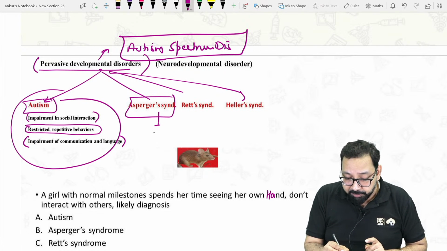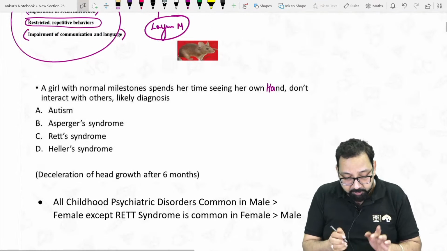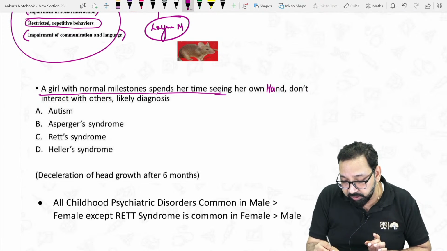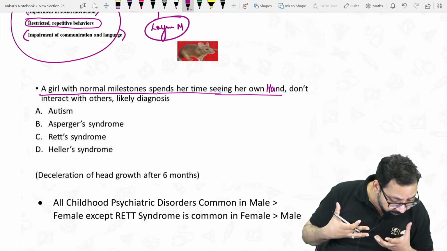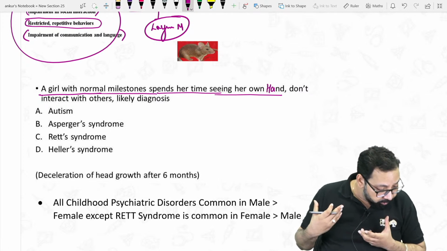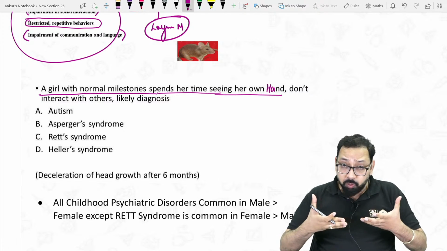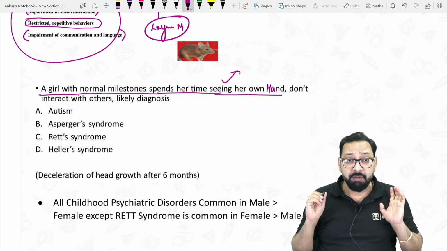If language is normal. You can see this question: a girl with normal milestones spends her time seeing her own hand. Child is seeing her own hand, which means stereotypic behavior.